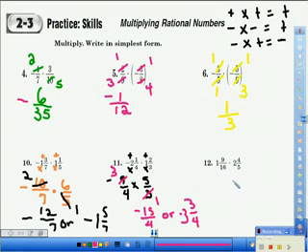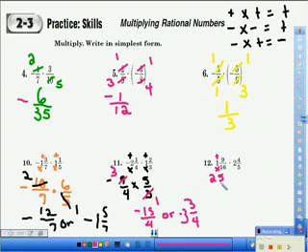Let's look at one more example before you begin to work. Remember, we have to change our mixed numbers to improper fractions. This is multiplication. This is addition. 16 times 1 is 16 plus 9 gives us 25.